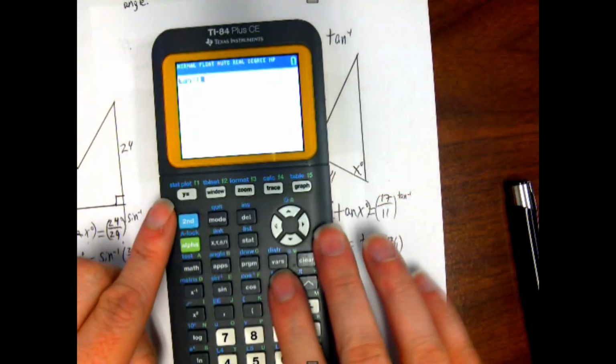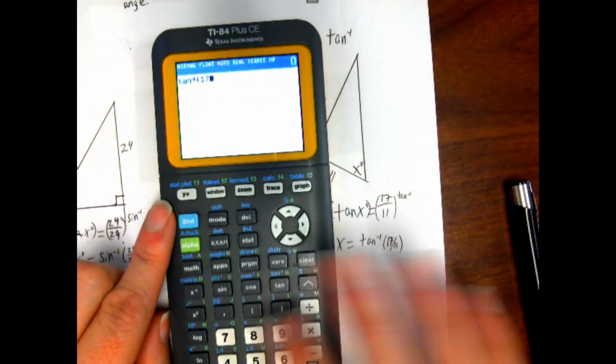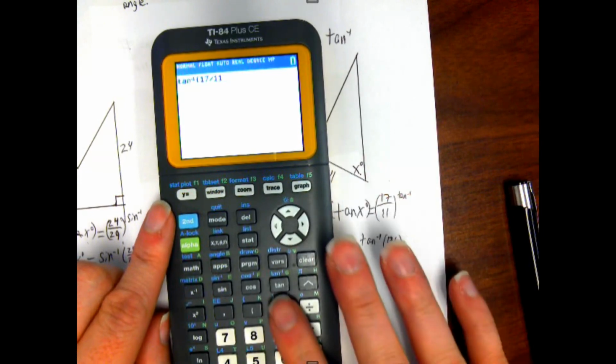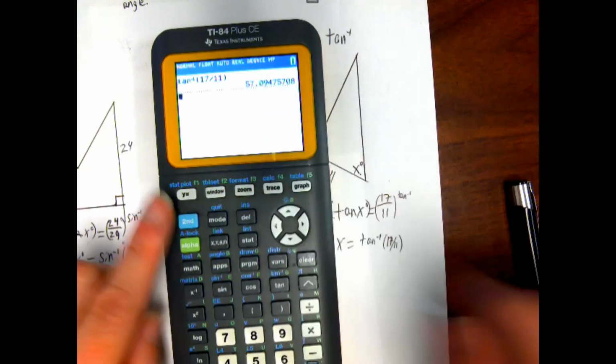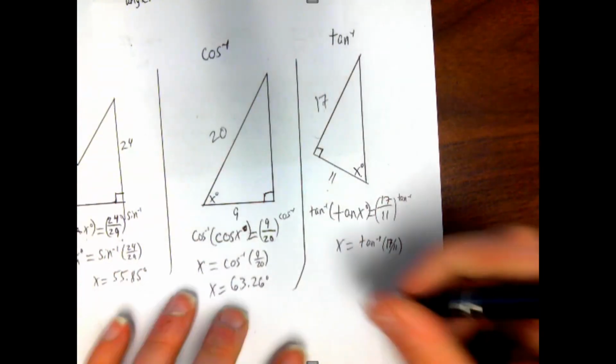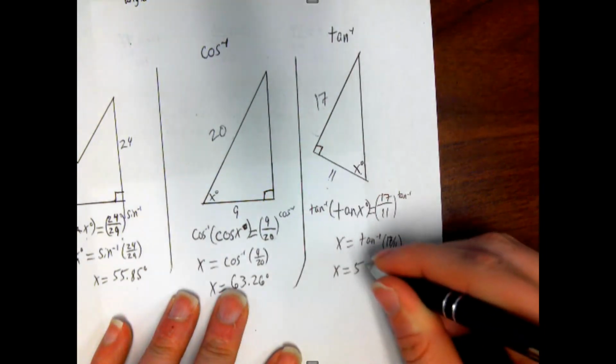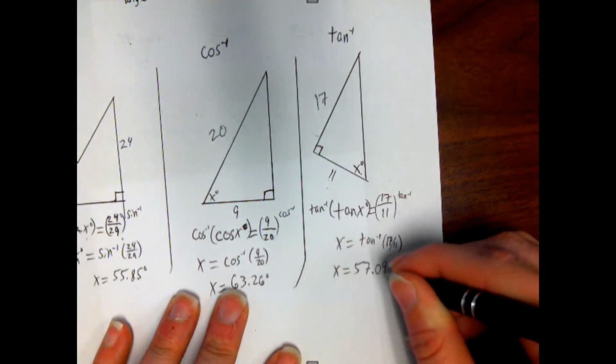Blue button, tangent, 17 divided by 11, close parentheses, 57.09 degrees. X equals 57.09 degrees.